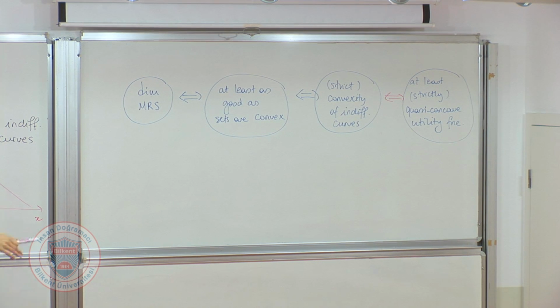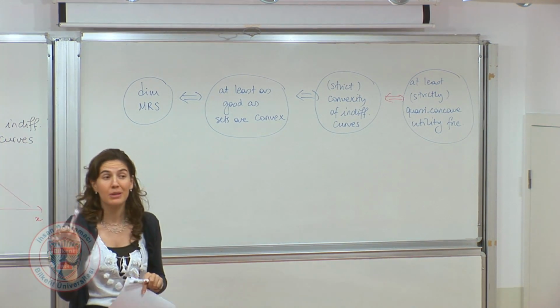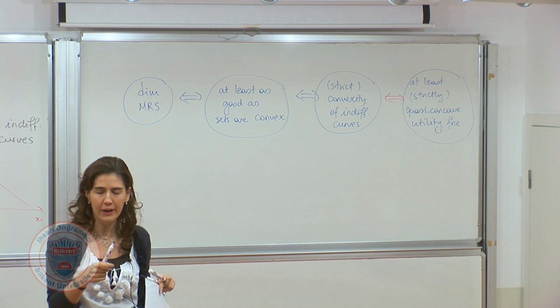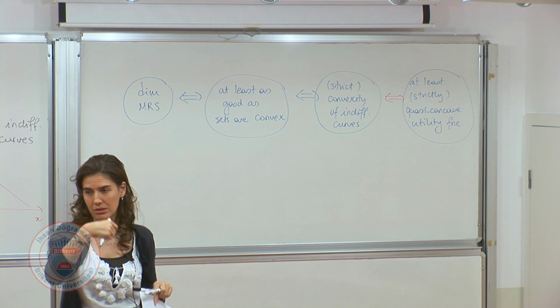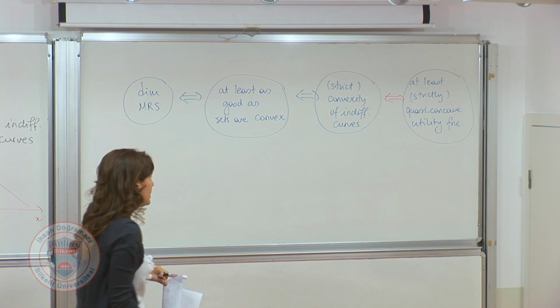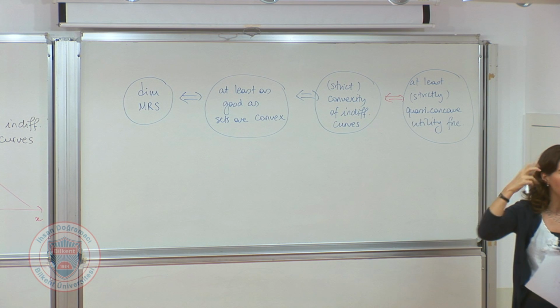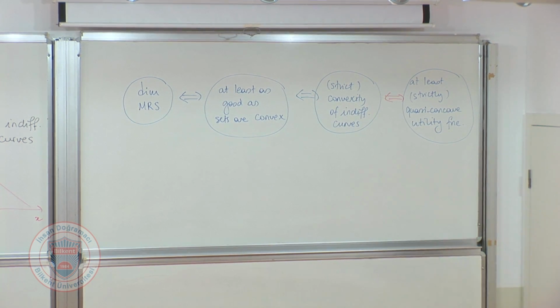And then remember we gave the definition, but those are just the formal definition. What is important for this course is that you understand what this strict convexity means. If you need to explain it to your grandma, what does it mean?